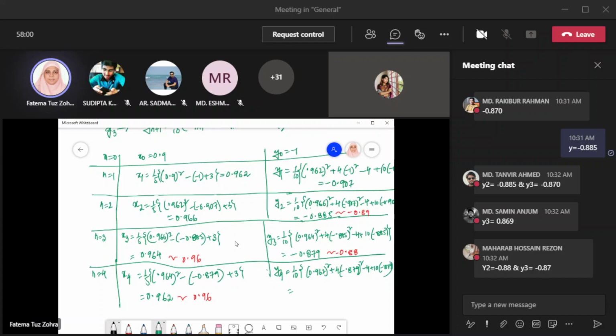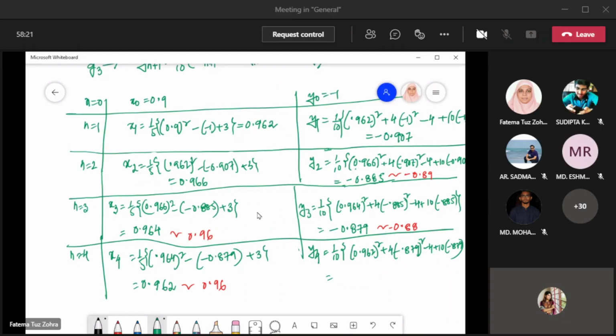So x is 0.962 and y is minus 0.879, or we can say 0.877. So yes, you get the result minus 0.88.